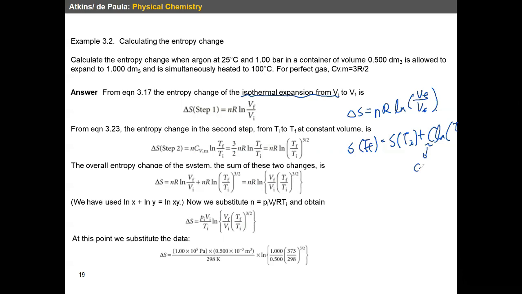C can be Cp at constant pressure, or C can be Cv at constant volume. So these two things we will learn. And the other thing is the phase transition situation. The change of entropy during a phase transition is the enthalpy change during this transition over the transition temperature T_tr. So these three things are the main concepts for entropy change.